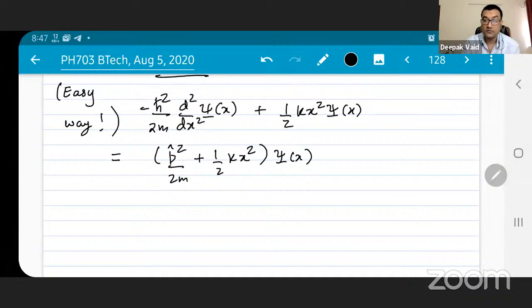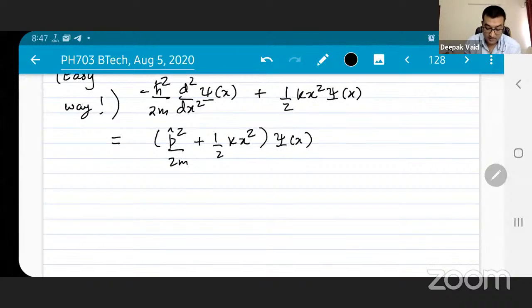Now, this expression has the general form of a square plus b square.